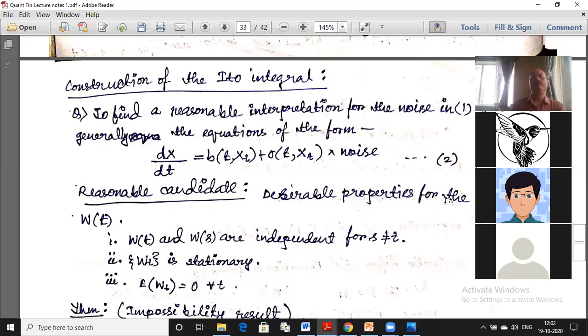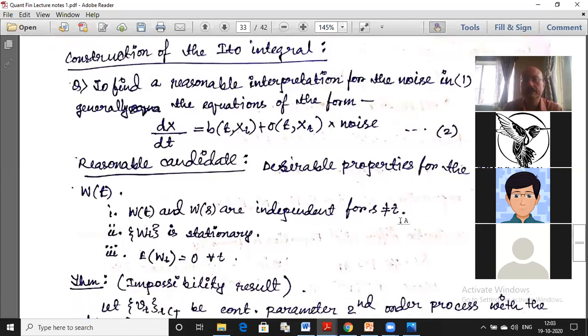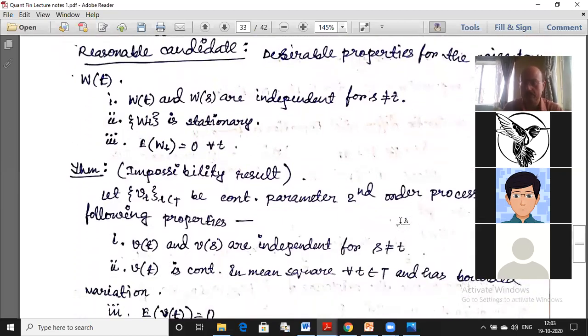But before we make that choice, we want to mention a few of the desirable properties that we will be needing later on. To develop the full integration theory, we will need certain properties. So let us start with the discussion of those properties and then see whether Brownian motion is going to work for us and also whether there are other candidates.